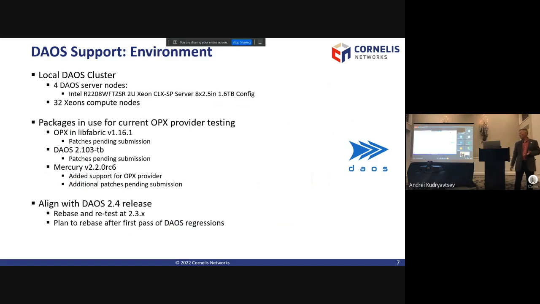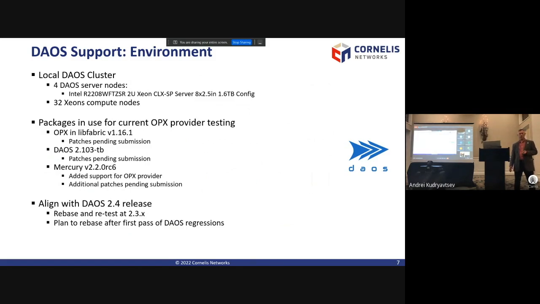A little bit about the DAOS environment we're testing in today. We have a local cluster with 4 DAOS servers, Intel Xeon systems, Cascade Lake-based systems, and we have 32 compute nodes. The packages we're currently using, as I mentioned, are libfabric v1.16 with DAOS 2.1.103 TB at this point.